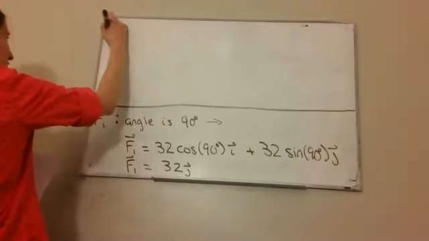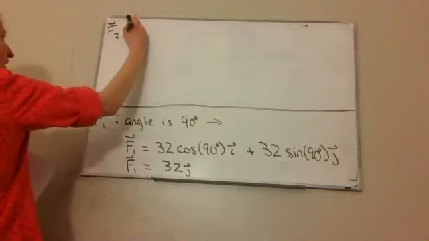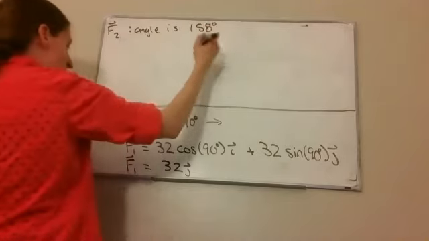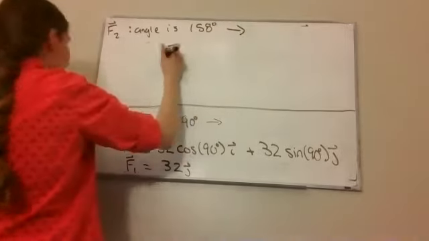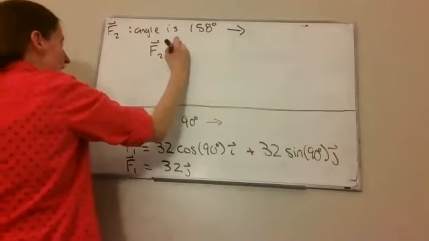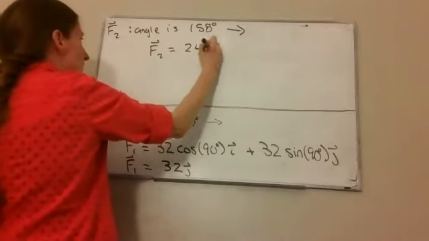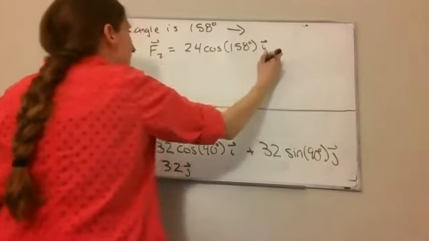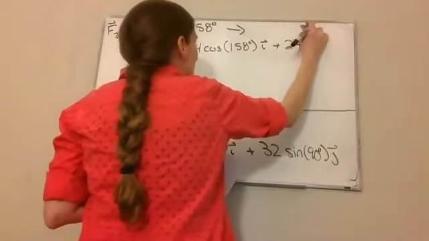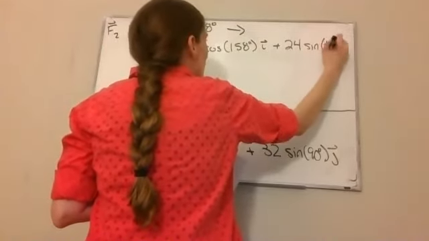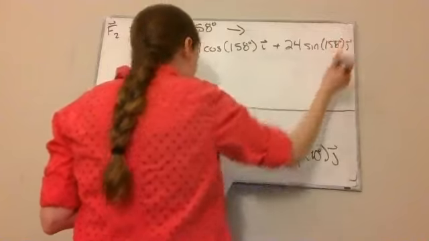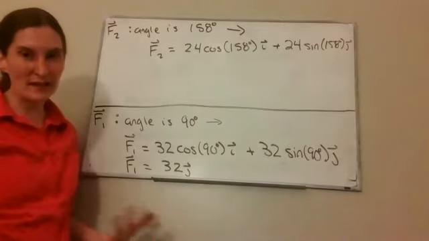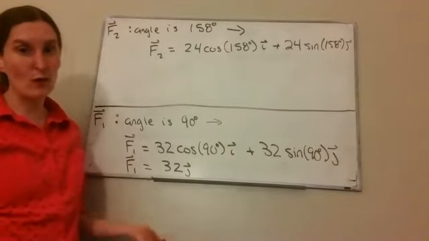So for F2, we said the angle was 158 degrees. That means that F2 is equal to its magnitude times cosine of 158 degrees i plus its magnitude times sine of 158 degrees j. And I'm not going to simplify it further right now because I don't have an exact value for cosine and sine of 158 degrees.